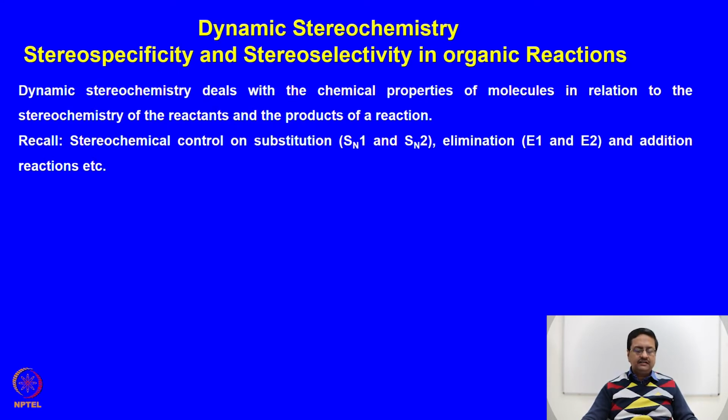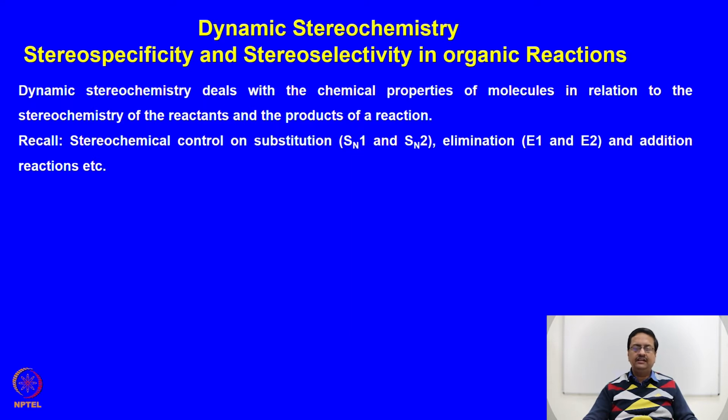You may remember that in the SN1 reaction, we encounter racemization if there is a chiral center involved in the substitution. Whereas in the SN2 reaction, the configuration at the chiral center is inverted and umbrella inversion happens. Similarly, in elimination reactions, the products formed in E1 and E2 may be different because the reaction mechanisms are different.